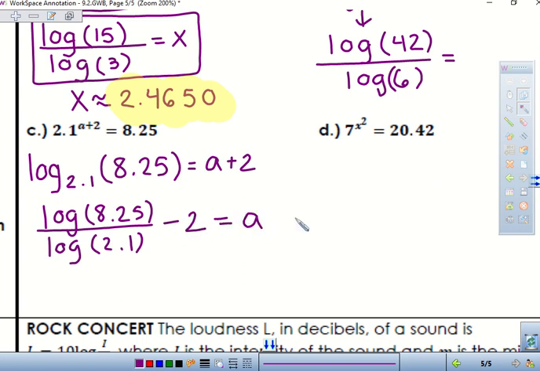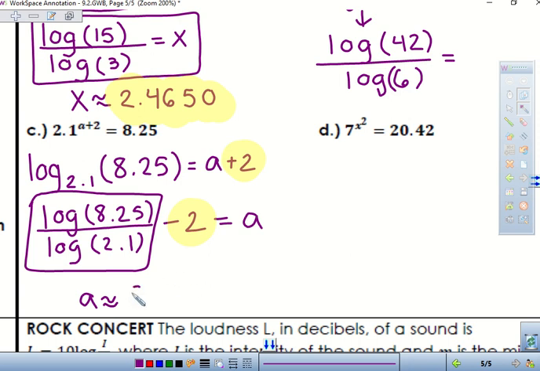Subtract it. Just be careful: when you subtract this 2 over, make sure you don't put it in the top or bottom of the fraction. It's on the outside of it. If you're going to do this in the calculator, you do this step first, then take that answer and subtract 2 from it. So a is approximately log of 8.25 divided by log of 2.1, minus 2. My answer is approximately 0.8442.